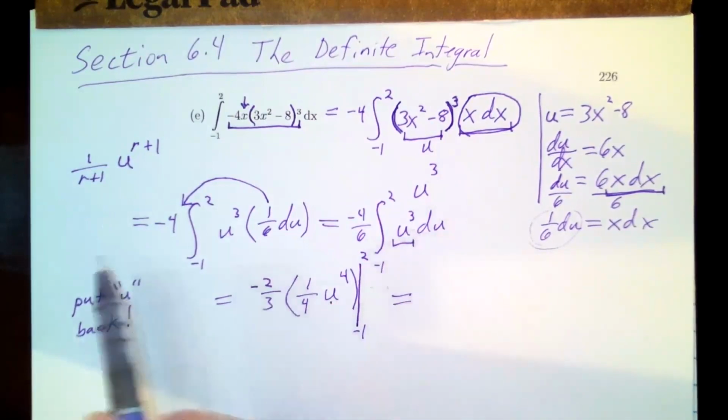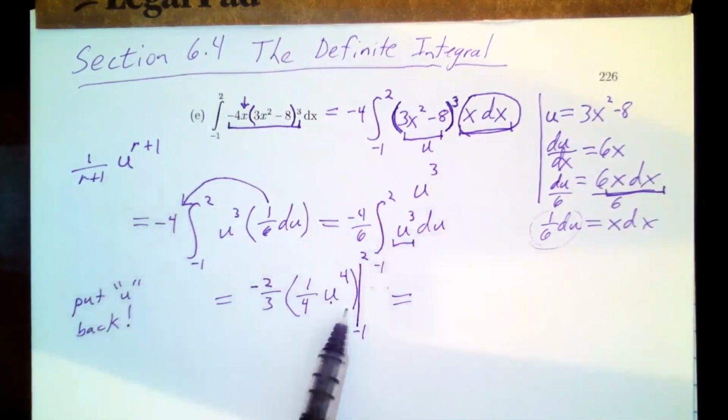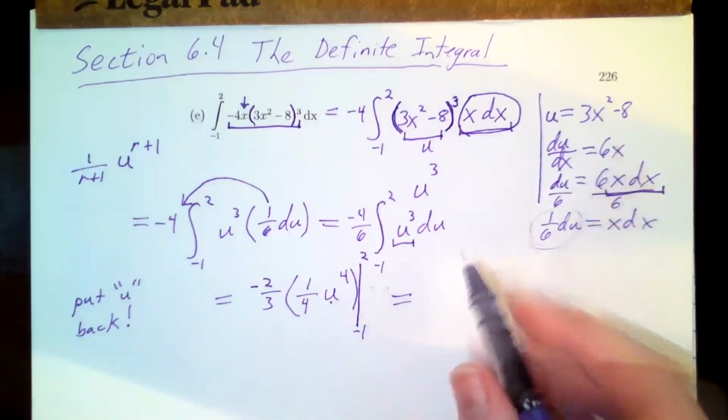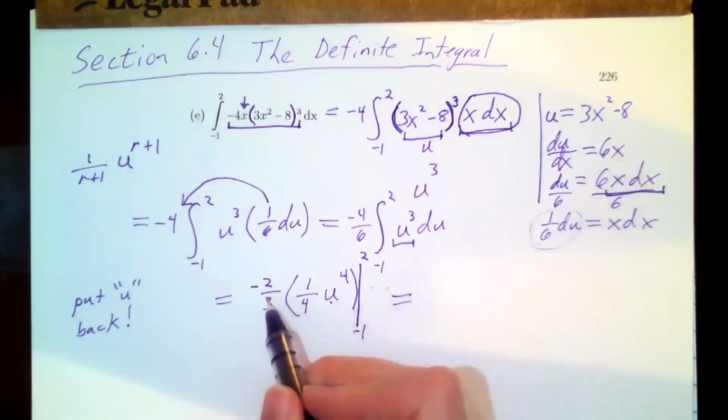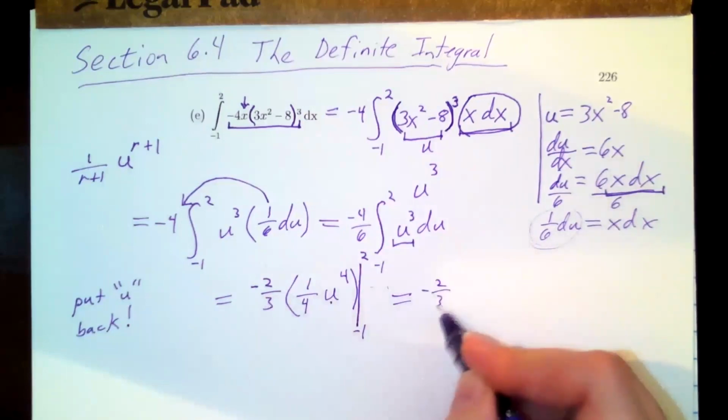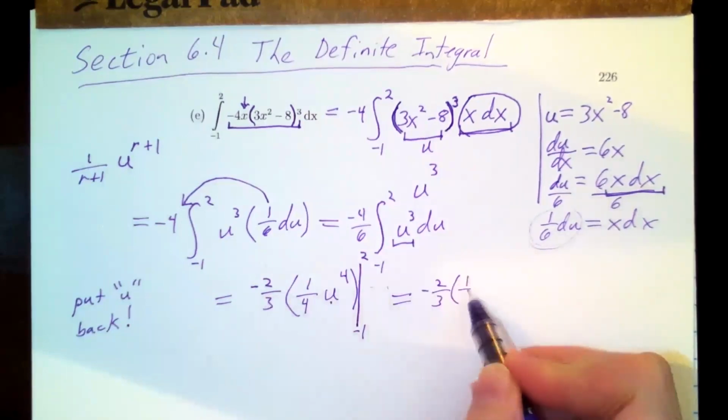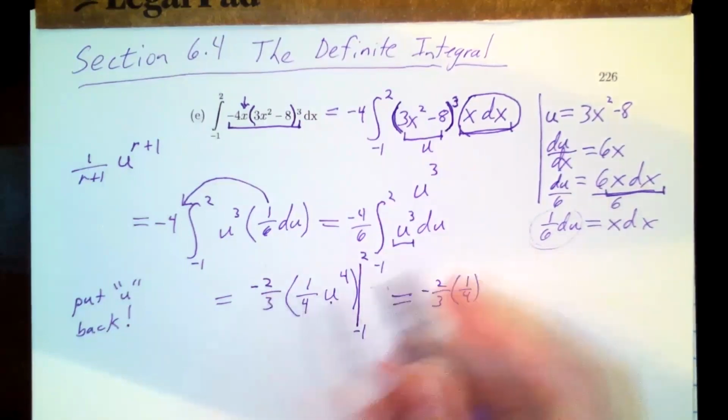You integrate, you use your integral rule. Now this is the antiderivative. Once you have your antiderivative, put u back in. So I have -2/3 times 1/4 here. -2/3 times 1/4.